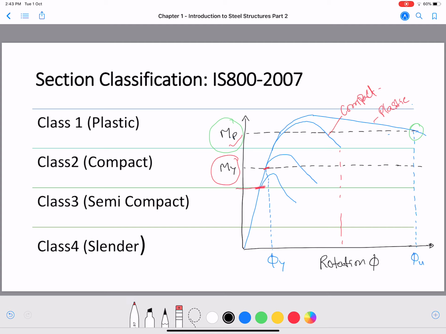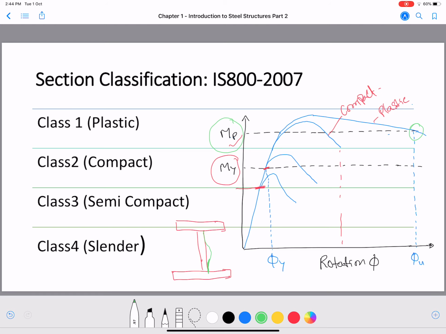Let's say, for example, we take a simple I section. Even before it reaches the yield point, it will slightly undergo buckling of, for example, the web element.